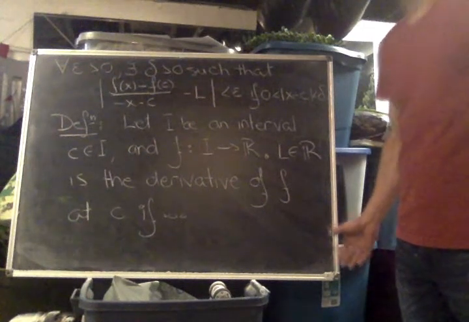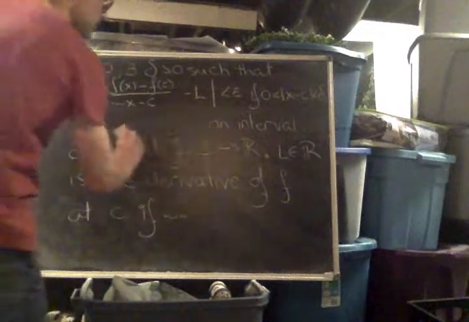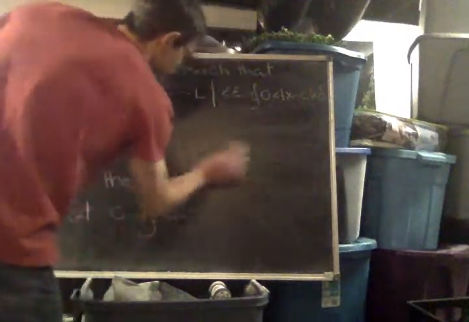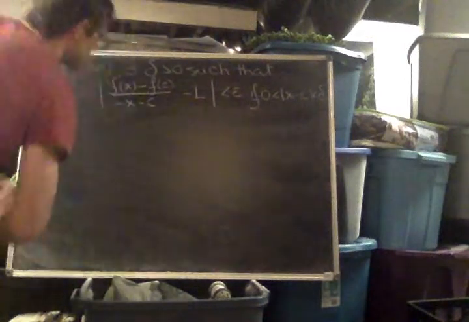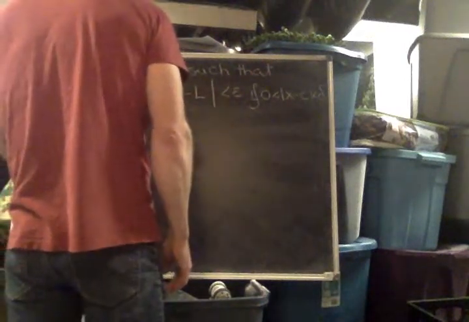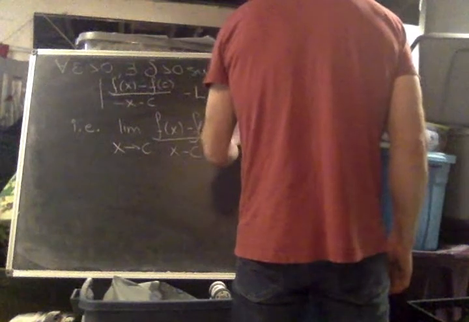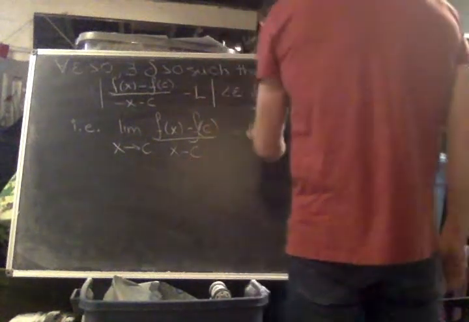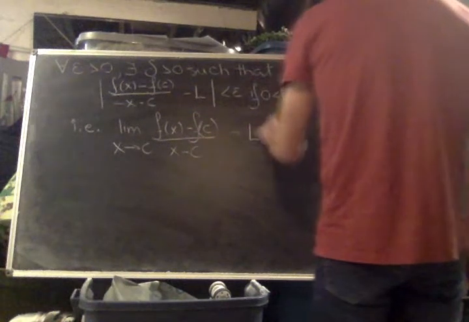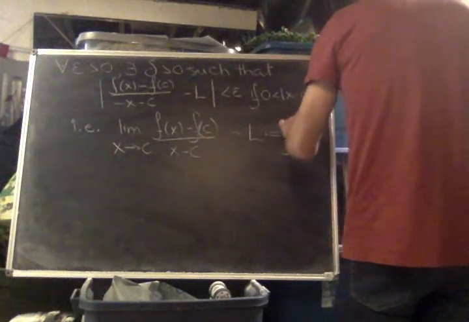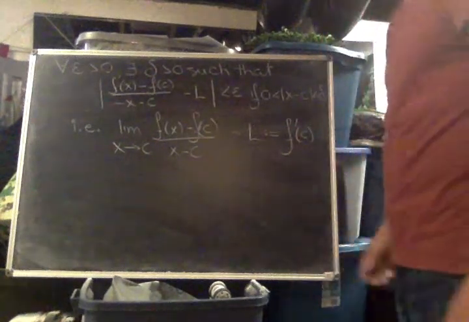Well, that's really just writing down the definition of the limit, so we can go ahead and say that, i.e., the limit as x approaches c of f of x minus f of c all divided by x minus c is equal to L, which by definition then is denoted by f prime at c.